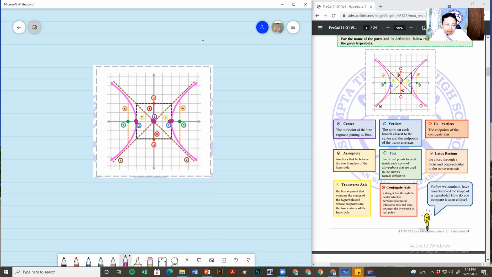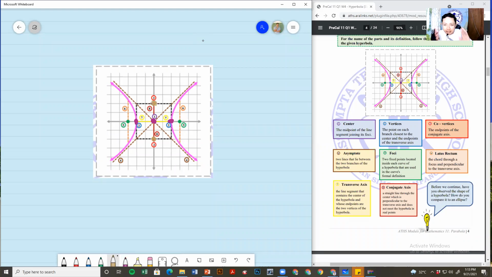And if we have the vertices, the points on the other side, which do not touch our hyperbola, are then called the co-vertices. Kumbaga, supporting actors yung co-vertices natin.